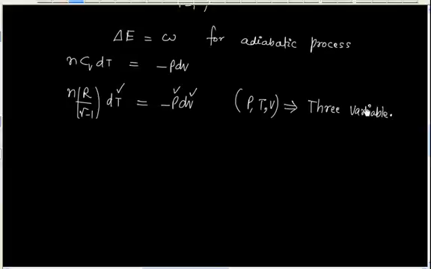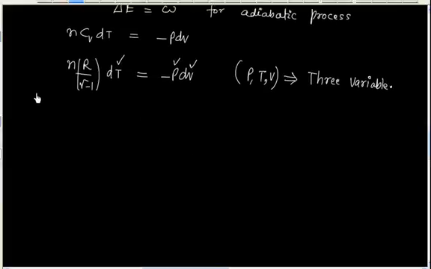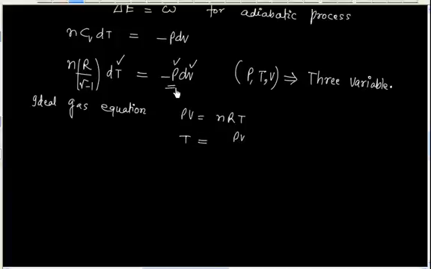We can change into two variables if I apply the ideal gas equation, that is PV equals nRT. So from here we can write P equals nRT by V. So we will eliminate pressure.